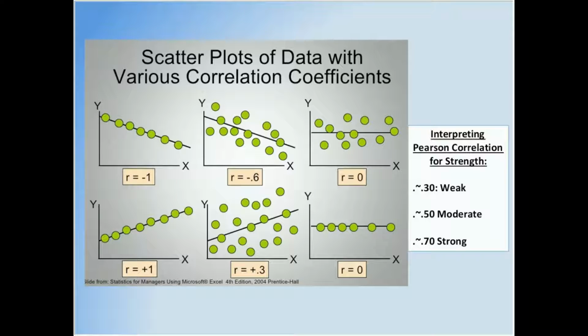And then below that, a positive 0.3, indicating most likely a weak but positive relationship. The third column involves the R equaling 0, but looking slightly different. But both of these represent no relationship between the two measures of interest.